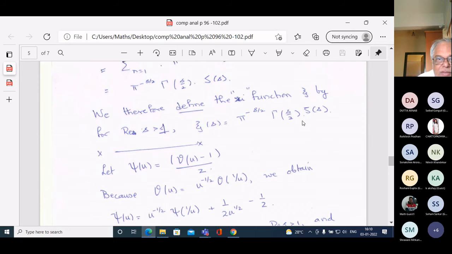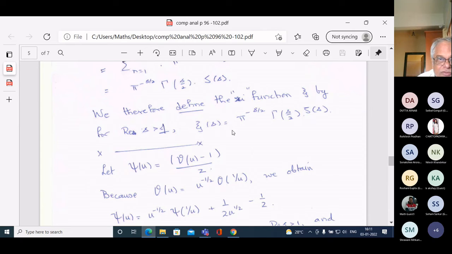And what was psi? Psi, remember, has something to do with gamma functions and zeta functions. So psi has something to do with gamma and zeta. And therefore, if I say that psi of s is psi of 1 minus s, it says that zeta of s is related to zeta of 1 minus s with some factors.